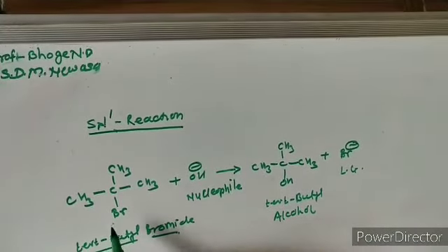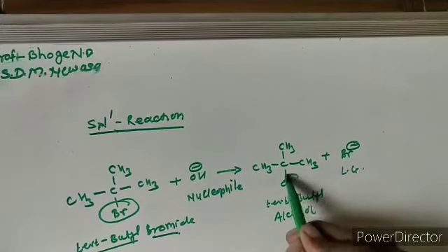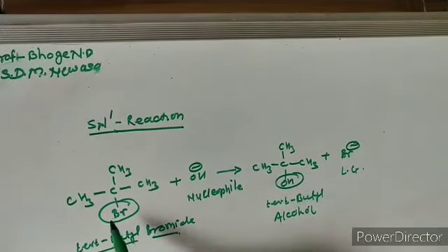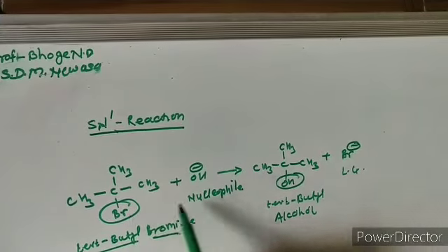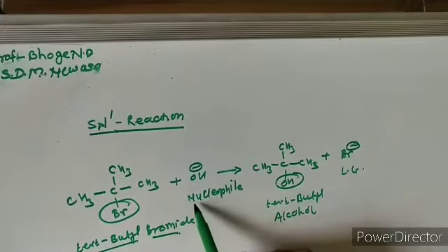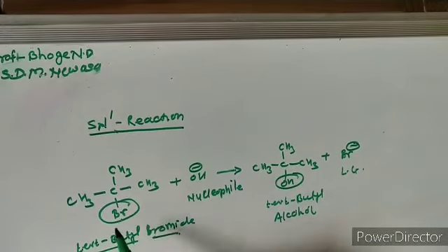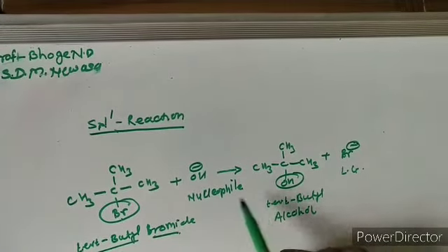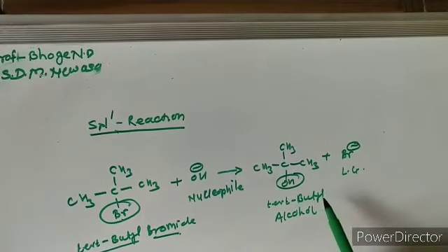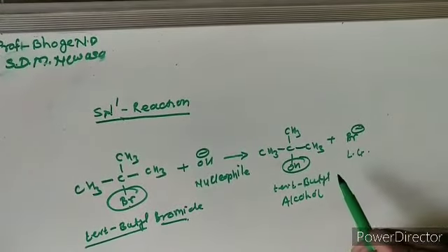We can see here that bromide is replaced by OH, so this is a substitution reaction. In this reaction we substitute the halide by a nucleophile, so this is a nucleophilic substitution reaction. This is an example of an SN1 reaction.